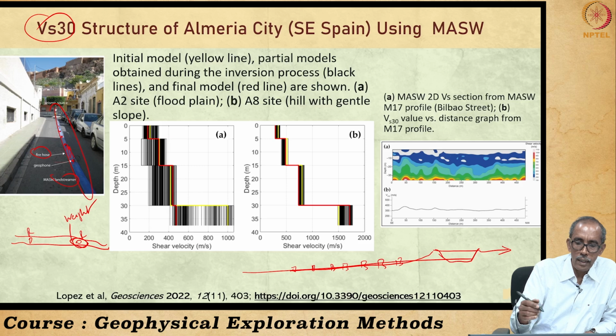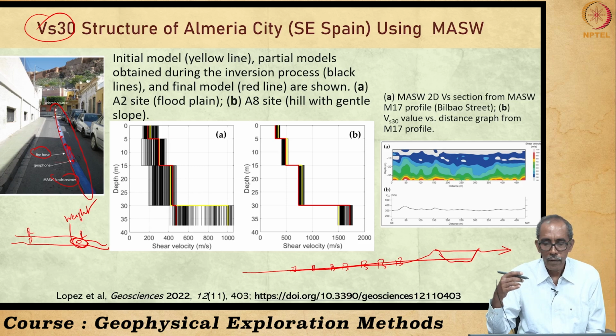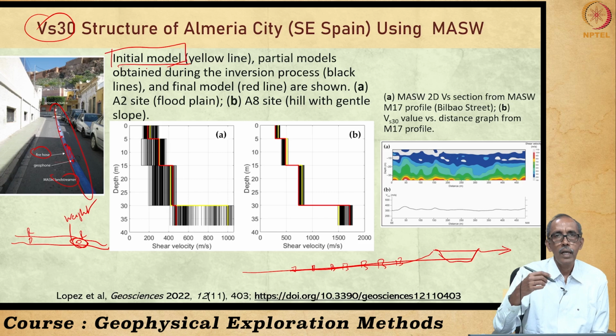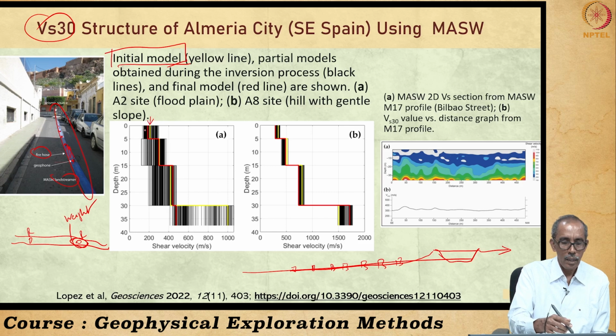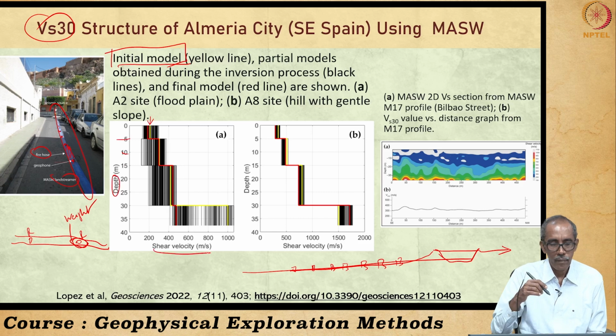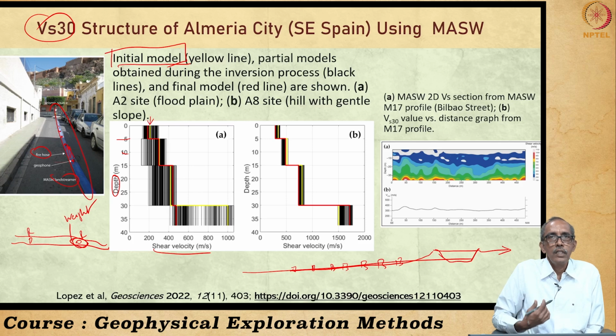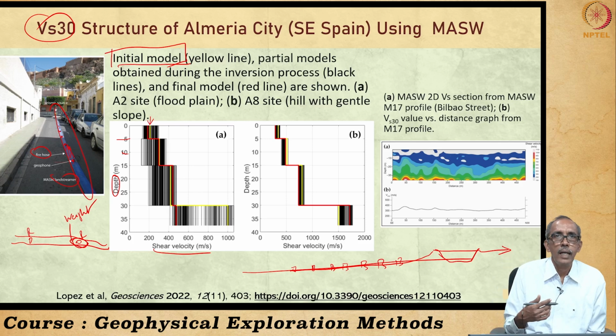So, first they had identified, they have understood the dispersion curve. From there, first they have initialized a model by assuming some parameters, that is the yellow line, right. That yellow line is the model assumed variation in shear wave velocity at different depths. So, this is depth versus velocity, and then they carried out the inversion process several times.